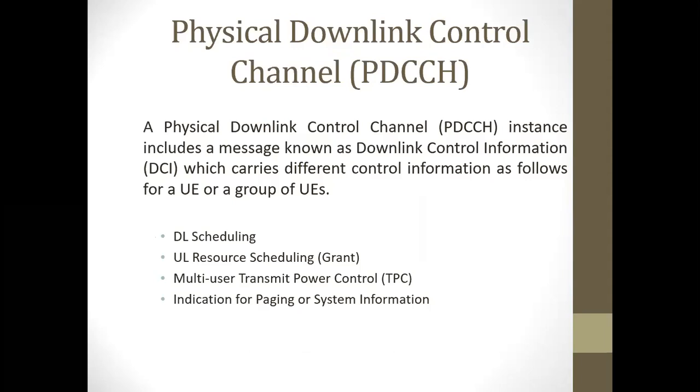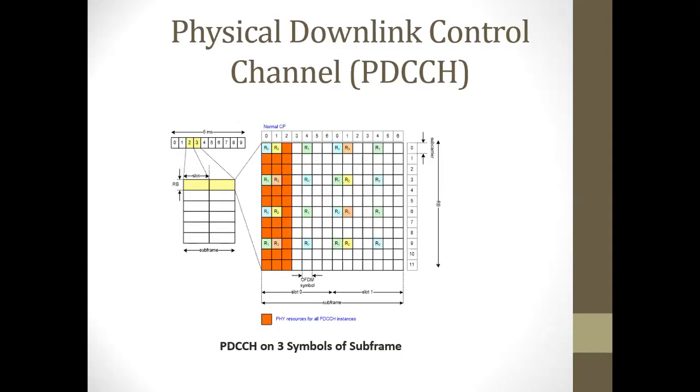Well, the first is downlink scheduling. It means that there may be, say, 10 users who are allocated resources in the downlink in the current subframe. Please try to visualize that. You have subframes this way. This shows you a whole subframe. You have two slots in there. Each slot carries seven symbols.